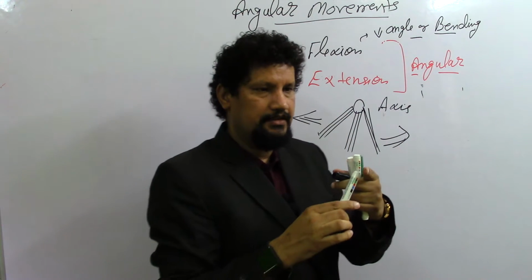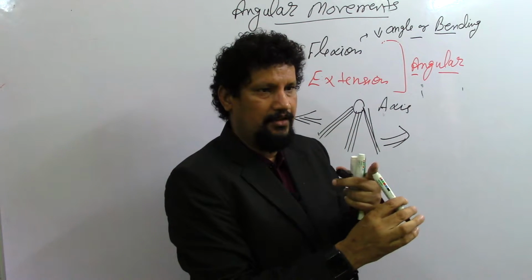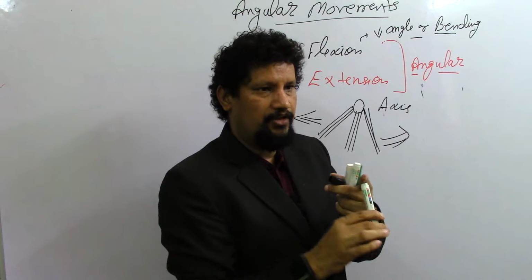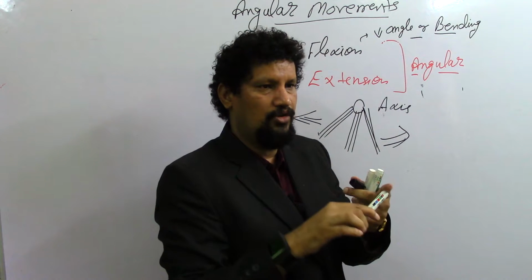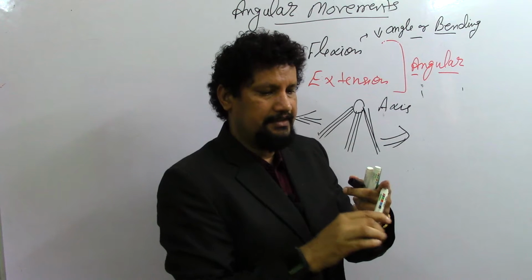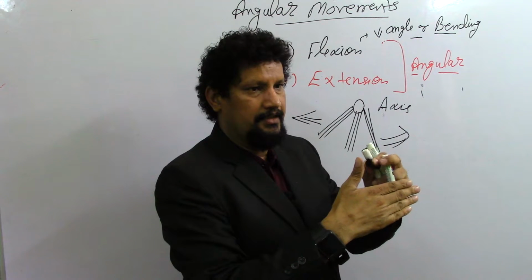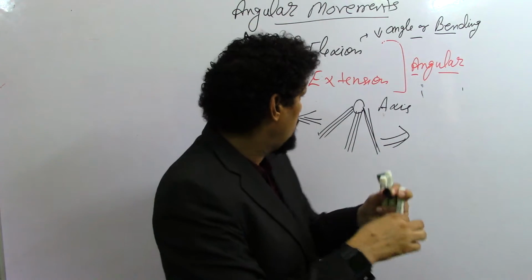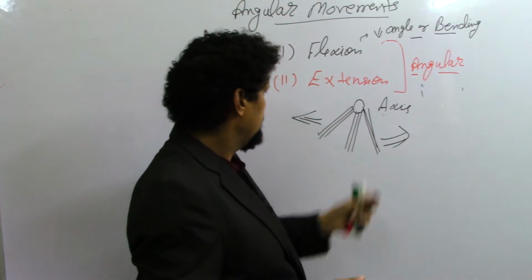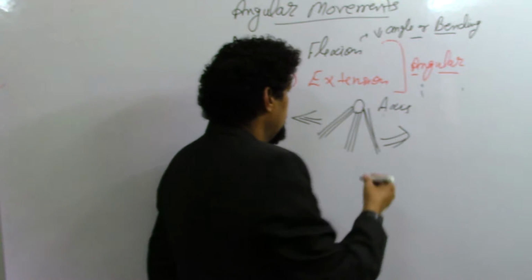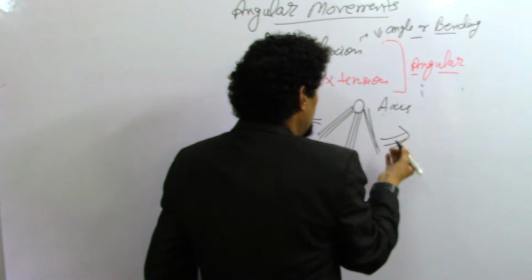The axis is the imaginary line around which the part of the body is moving, and this is the plane where the part is moving. So axis and plane are perpendicular to each other.